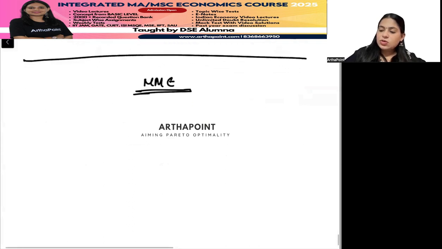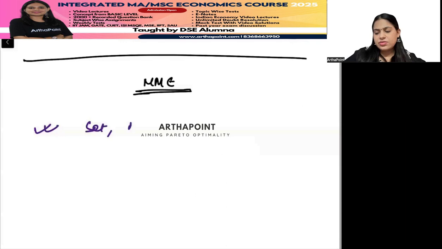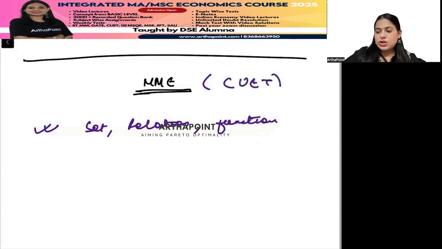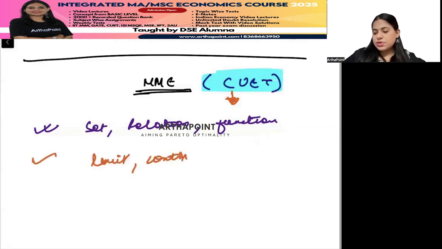Okay. Then, beta, the next thing that you have to do is mathematical economics, MME. है ना? And when I talk about MME, तो MME में what all we have to do, beta? Set, relation, function. Whatever you have revised with me for CUET, that much maths is enough, and you just have to redo that maths. उतना maths कर लो, more than enough है, और कुछ करने की जरूरत नहीं है. So you have to go back and do limit, continuity, the same subtopics, beta.